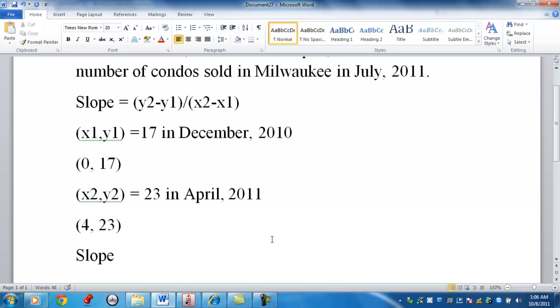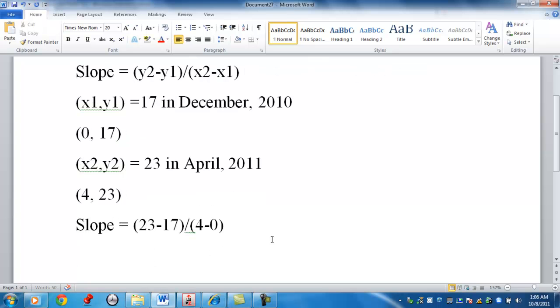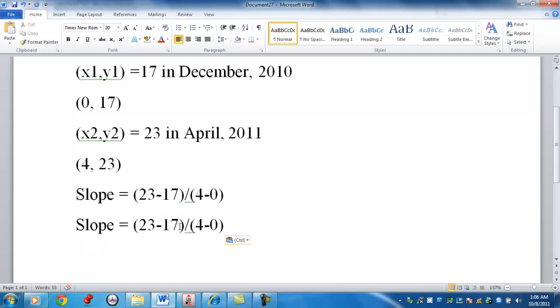So if I find the slope, I use my values: 23 minus 17 divided by 4 minus 0. If I simplify that, 23 minus 17 is going to be 6, and 4 minus 0 is going to be 4.